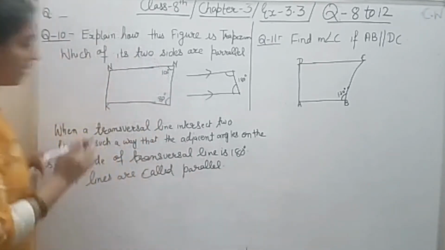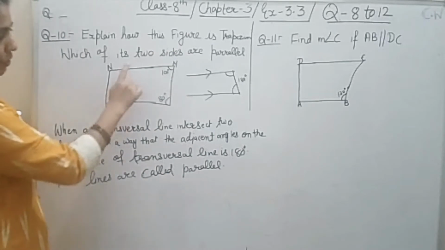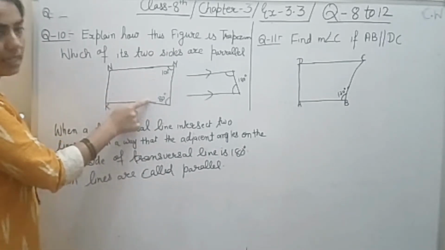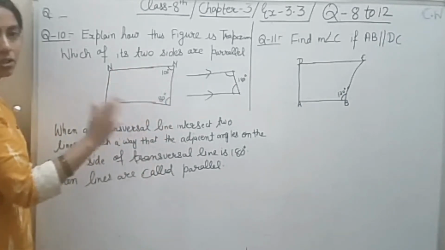Okay student, this is the condition: when a transversal line intersects two lines in such a way that the interior angles on the same side of the transversal sum to 180, then the lines are called parallel.